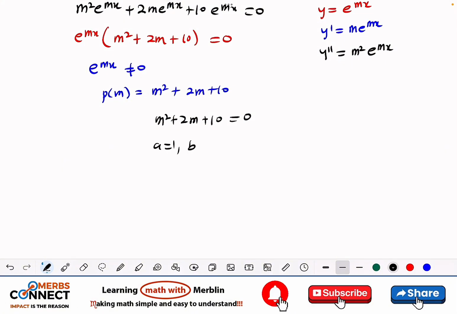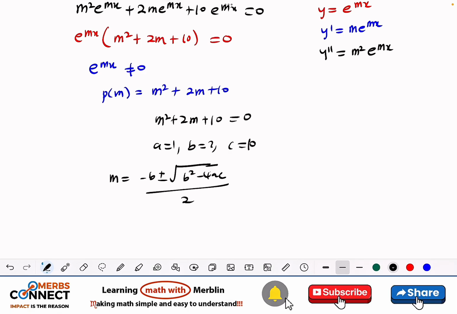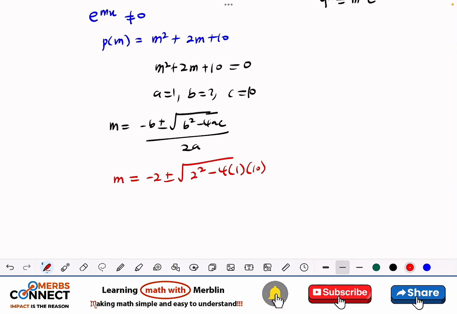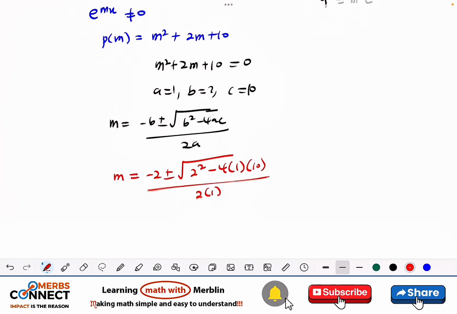A is 1, B is 2, and C is 10. So what are we going to get? Our m is going to be minus B plus or minus the square root of B squared minus 4AC, divided by 2A. So m is minus 2 plus or minus the square root of 2 squared minus 4 times 1 times 10, divided by 2 times 1.